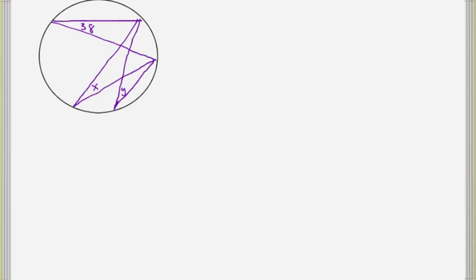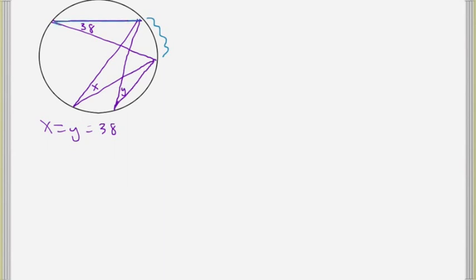We need to find x and y in here. Can you tell me about x and y? They're both going to be 38. X and y will both be 38 because x and y both cut off exactly the same arc as the angle that's labeled 38. All three of them are cutting off that same portion of the circle.